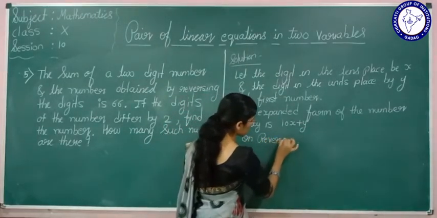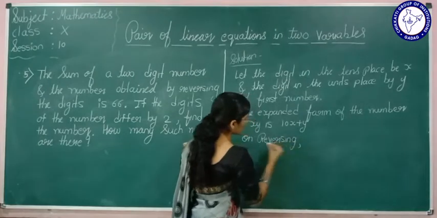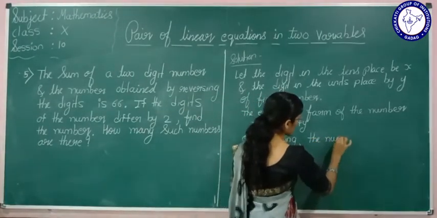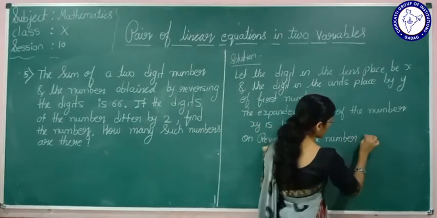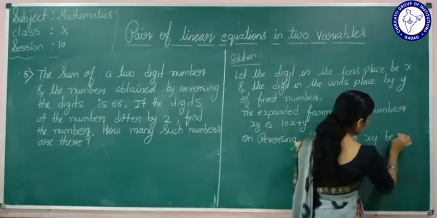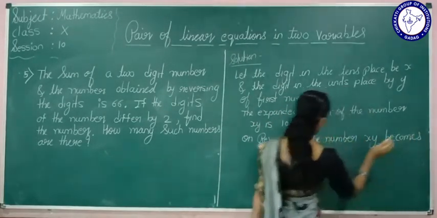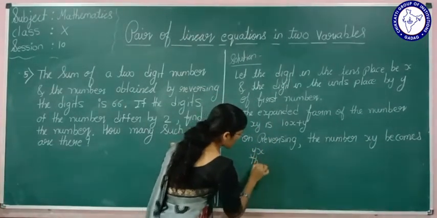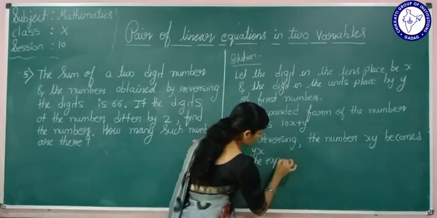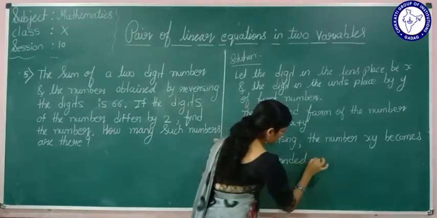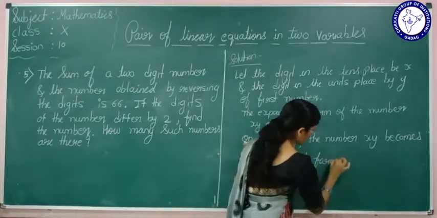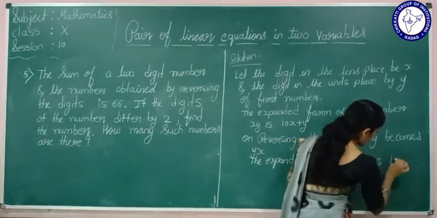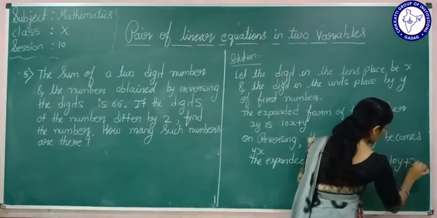On reversing the number xy becomes what, students? It will become yx. Okay. The expanded form of yx is 10y plus x.